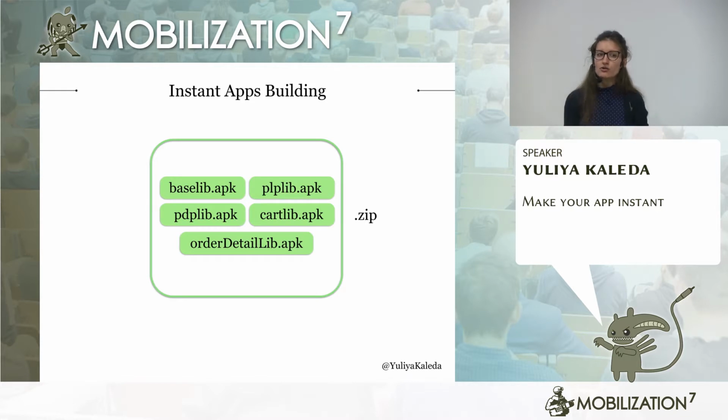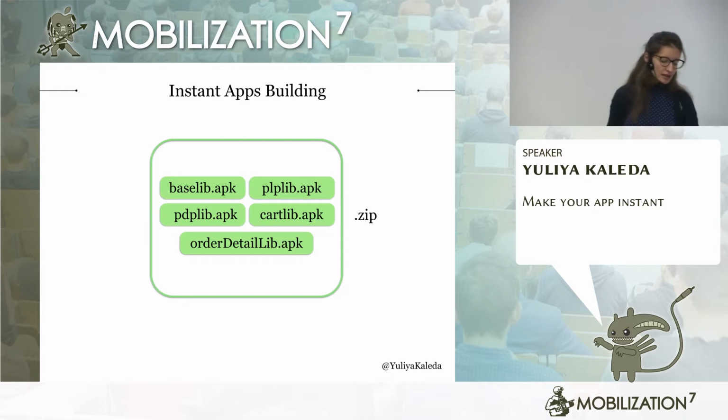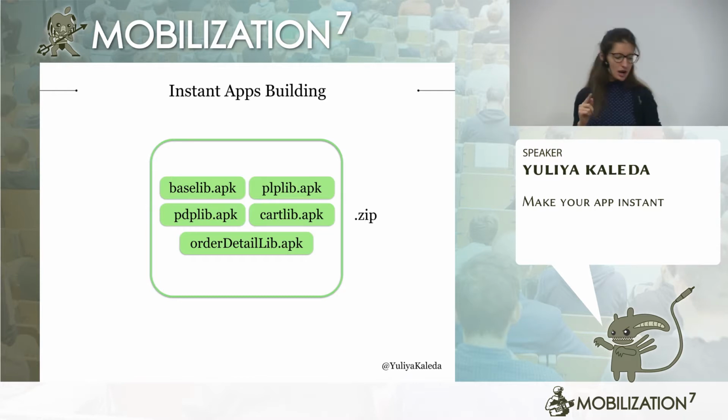When you click on the URL address, it's a specific feature APK plus a base APK that is downloaded. That's why they are all packaged separately when you're building your Instant App. And then all of them are zipped up into a zip bundle, and then you have to upload this zip bundle to the Google Play Store. And that's it as far as the Instant App building process is concerned.